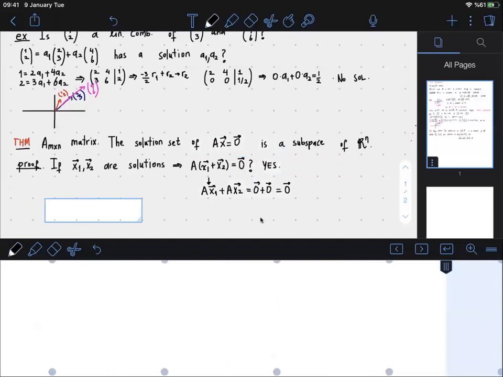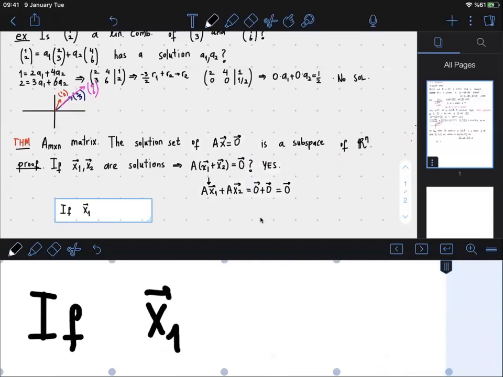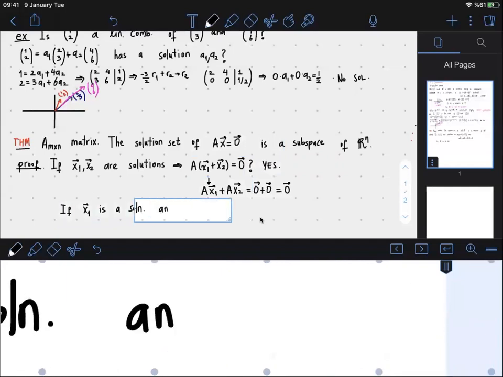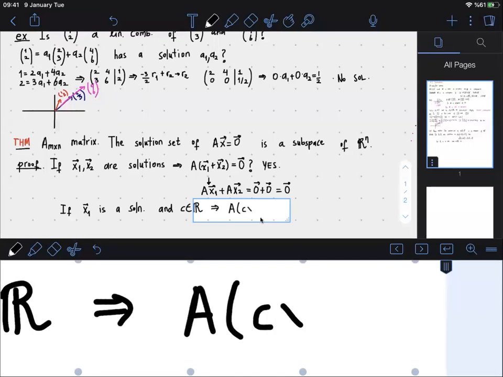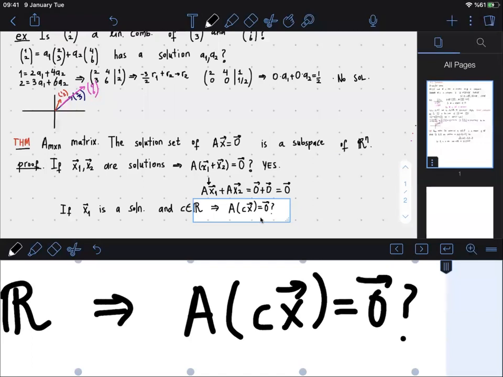So let's check the second condition. If x1 is a solution and c is any real number, then the second property is whether we have A times c times x1 equal to 0. But this is also automatically satisfied, right? Let's see.